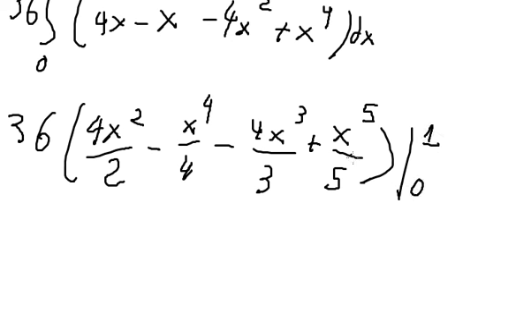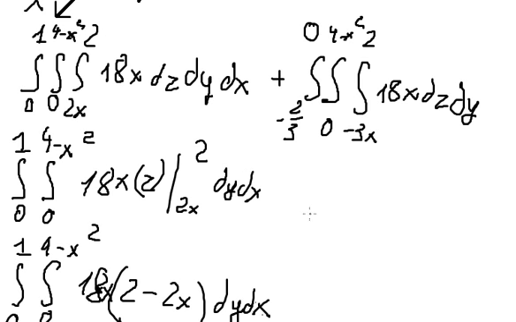Then we put 1 and 0 in here, and we have 111 over 5.